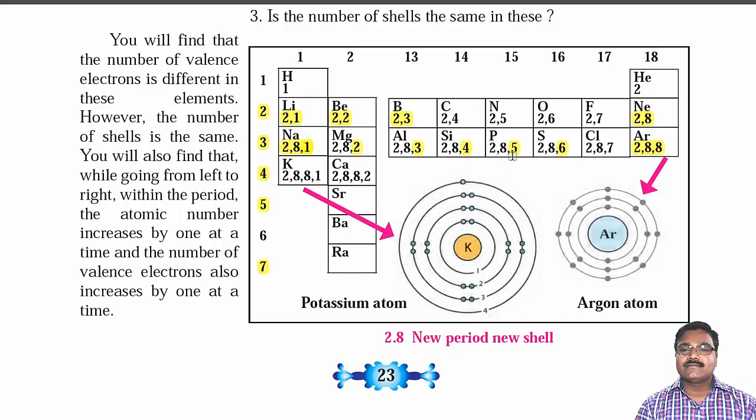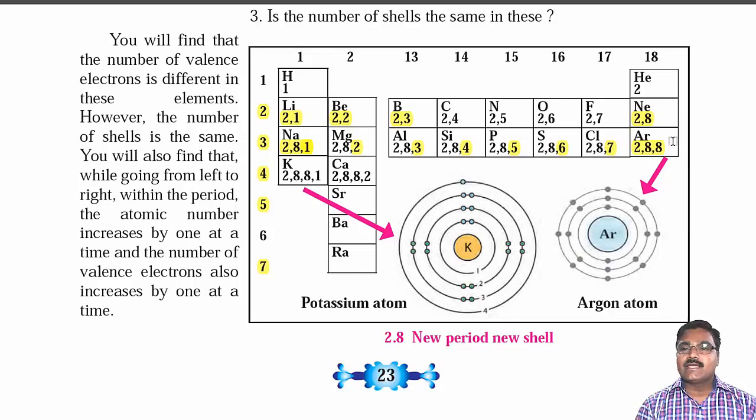Similarly, like phosphorus, sulfur is able to receive 2 electrons to attain a stable electronic configuration, and therefore sulfur will have valency 2. Chlorine can receive 1 electron, therefore it will show valency 1.